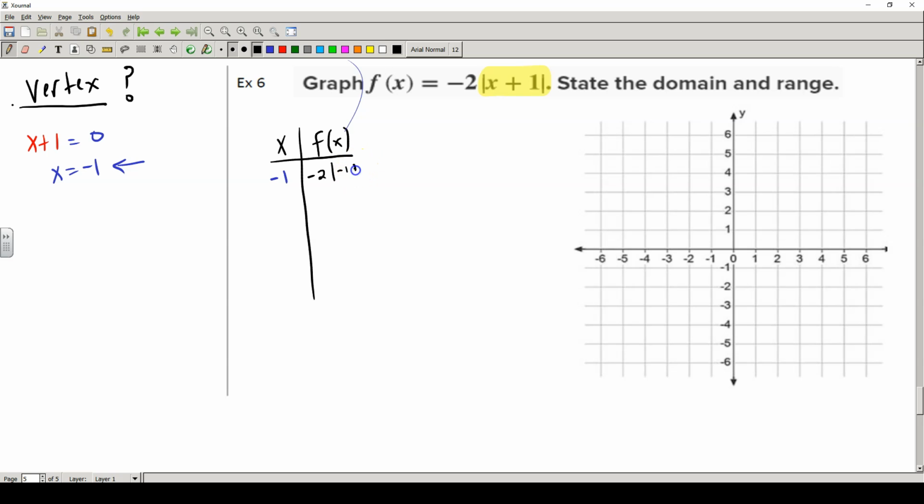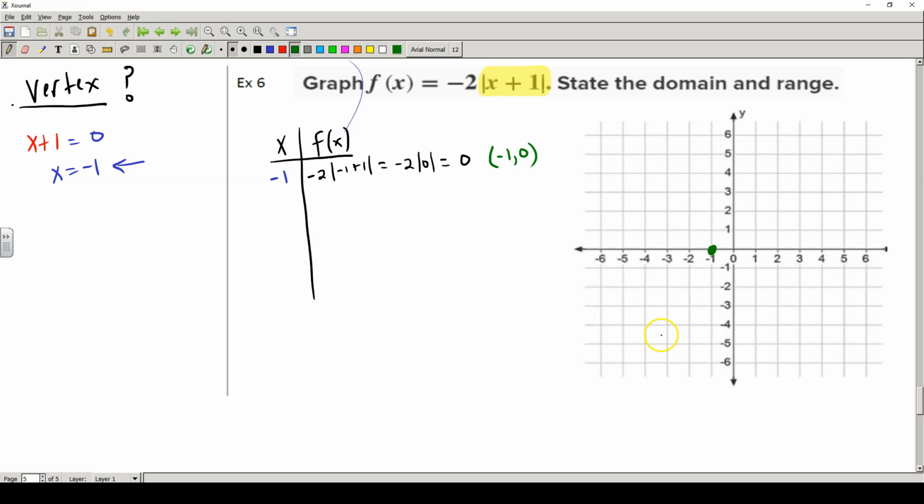So -1 plus 1, so -2 times the absolute value of 0, which is 0. This comes out to 0. So this is my first point. If I plug in -1, I get 0. So right here, I know that this green point is going to be the vertex.